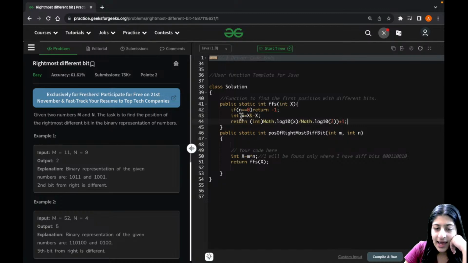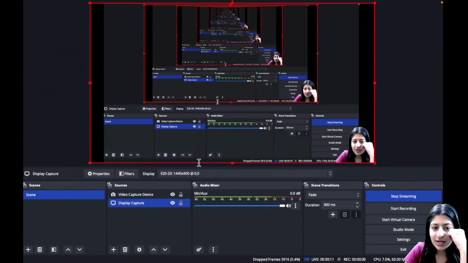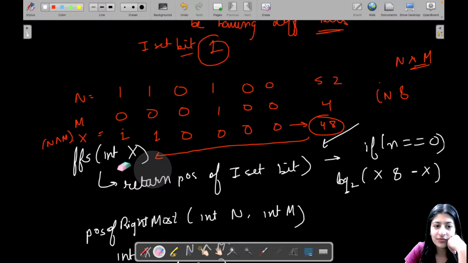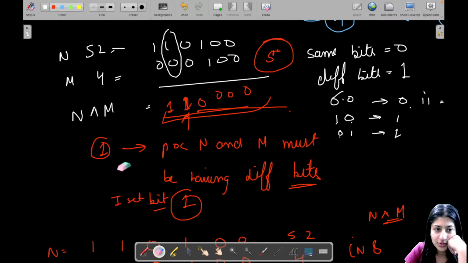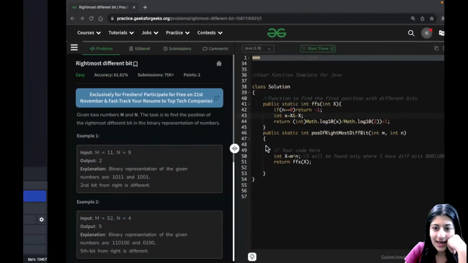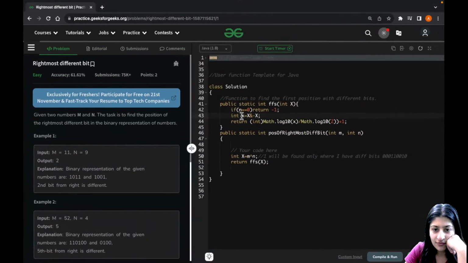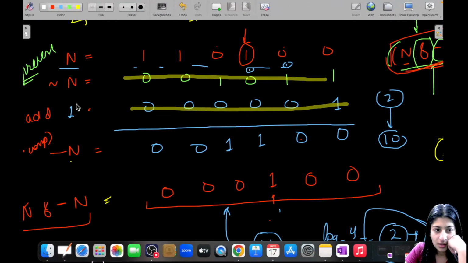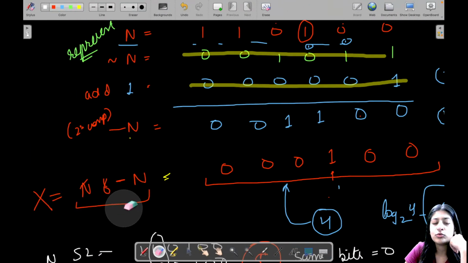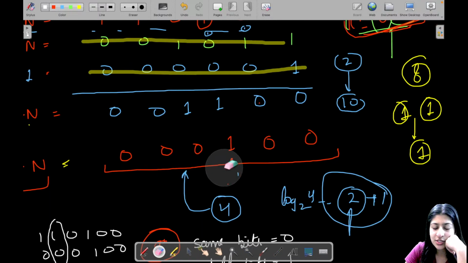So nothing, x contains the bitwise AND of x and the 2's complement of x. Now this will return a number whose binary representation will be of this type. Let me show you. This small x will have this number, that is n AND 2's complement of n, that is 0000100.